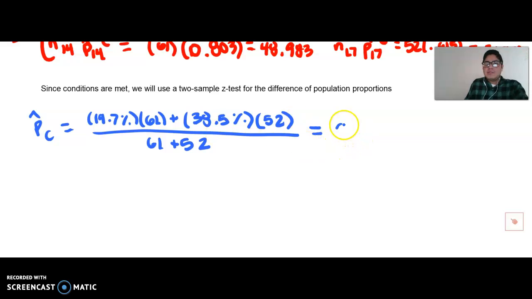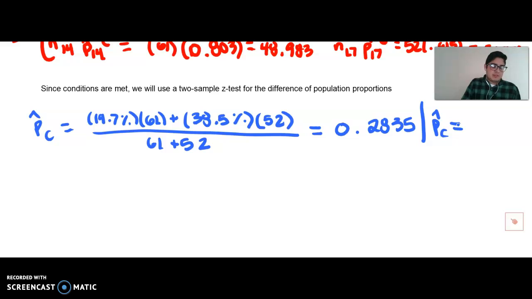When I compute this sample proportion, I end up with 0.2835, and then the complement would just be 1 minus that, which gives me 0.7165.